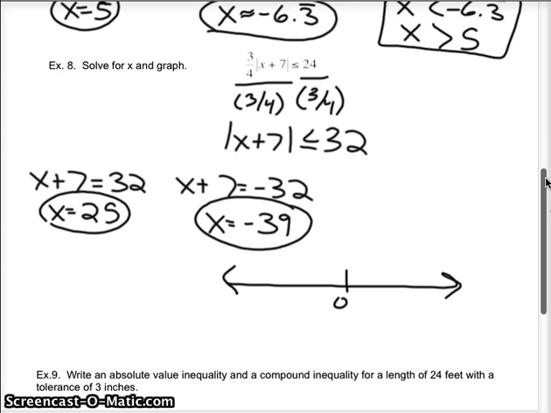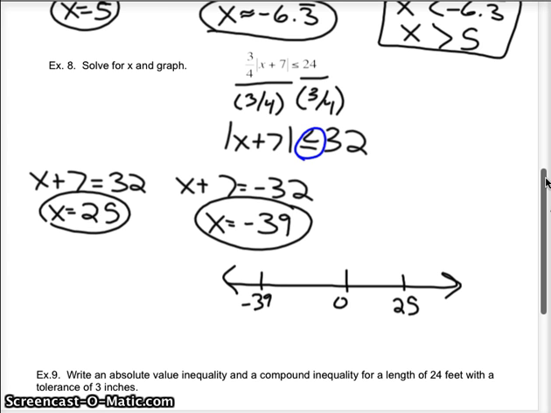So, I have 0 in the middle. Down here, I have that negative 39. Up here, I have that 25. Now, I want you to notice my inequality. First of all, it is less than or equal to.